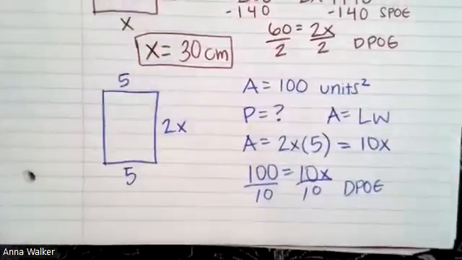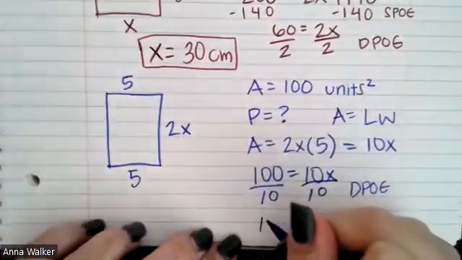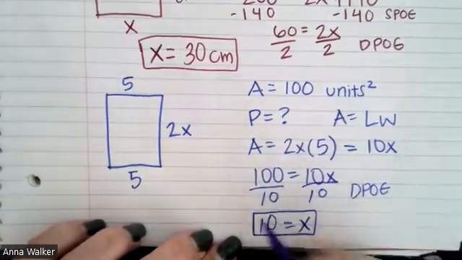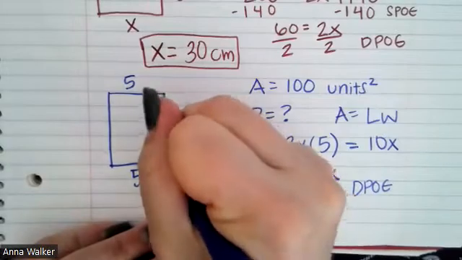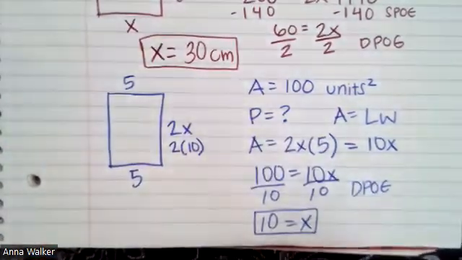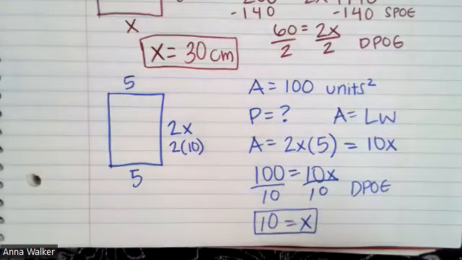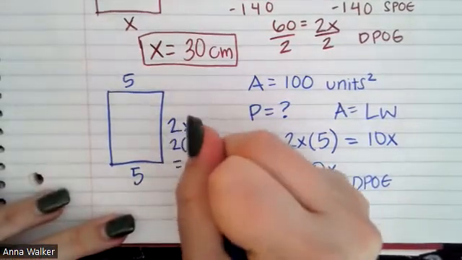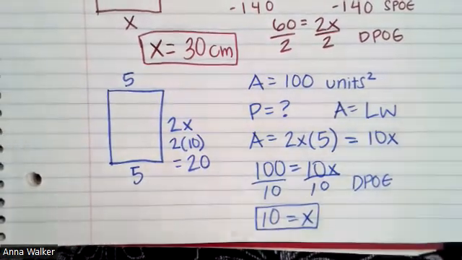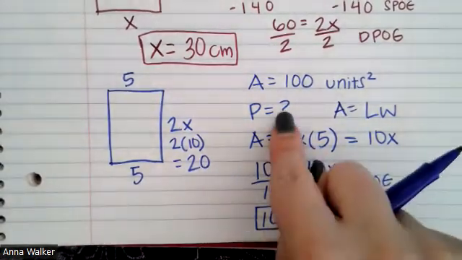Because 100 divided by 10 is 10. So that means 2x is the same thing as 2 times 10, which means that length is equivalent to 20. We're not done with the problem. They want us to find the perimeter.